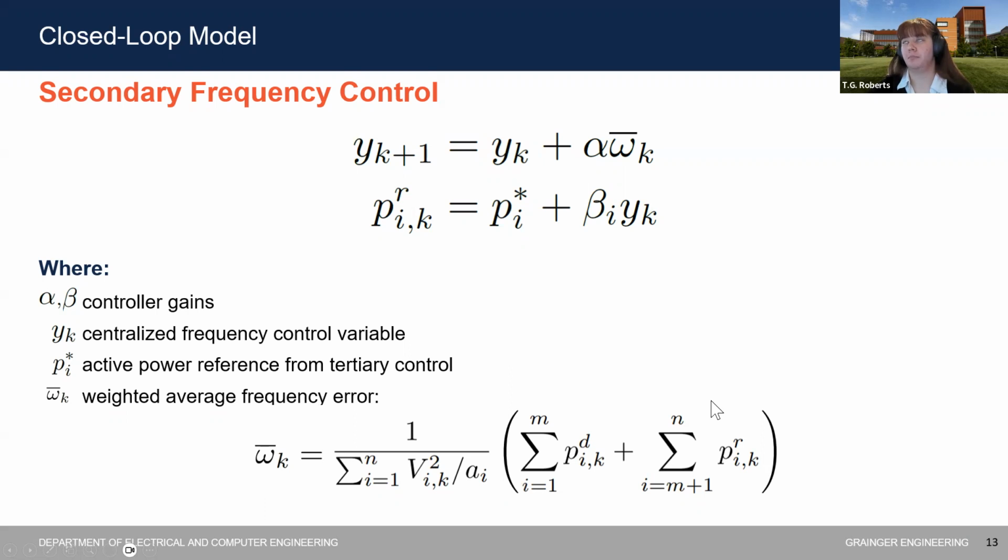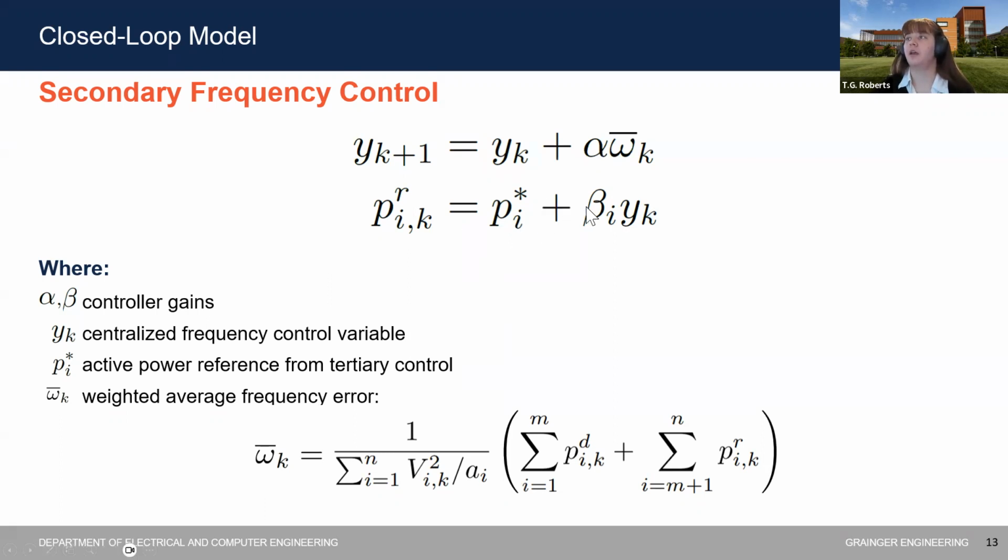But if there is a mismatch in this, then our average frequency error will be non-zero, which means we have an updated Y value, which then gets plugged into this part of the equation. And we're updating our reference, which was the input to the primary controller in the last few slides.